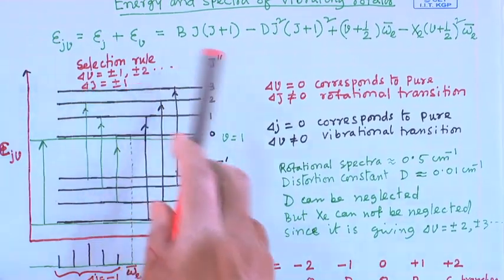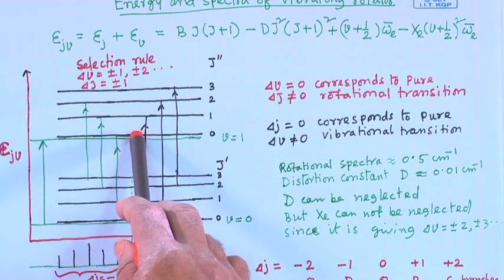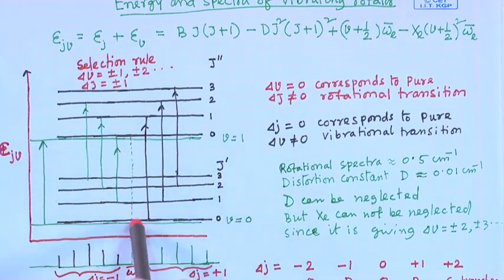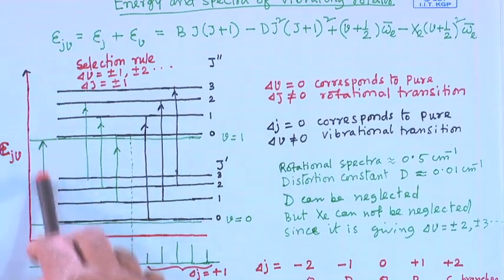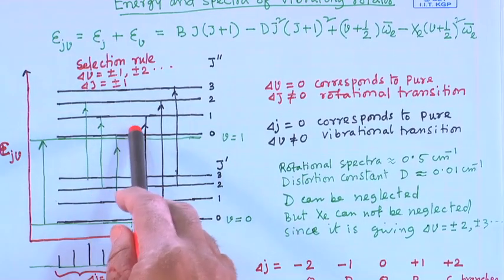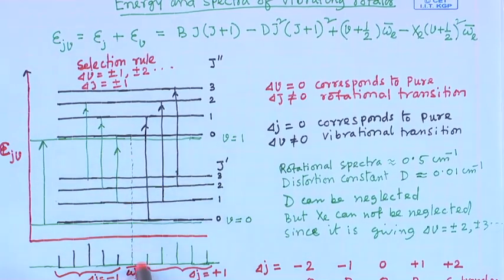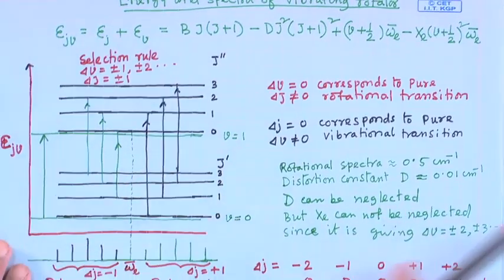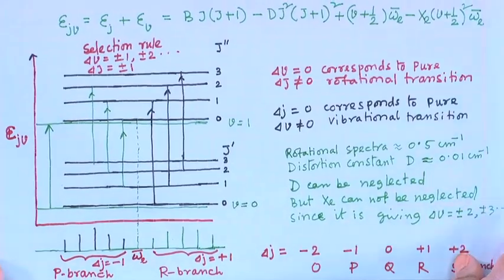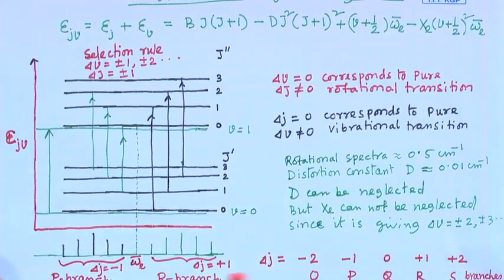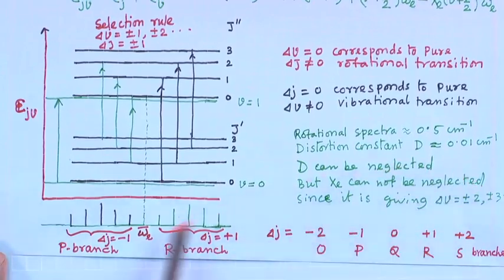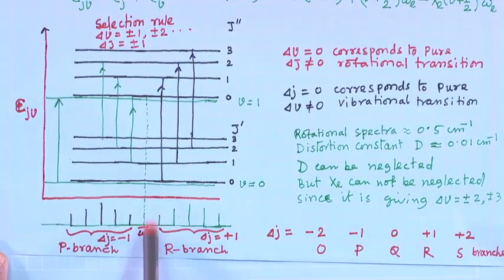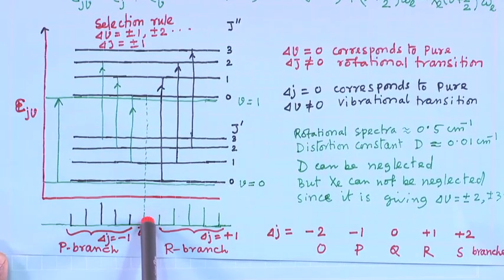So, this original line position will be here, okay. If the transition were between j equal to 0 and j equal to 0, this wavelength would be here. So, this frequency would be omega e bar, okay.